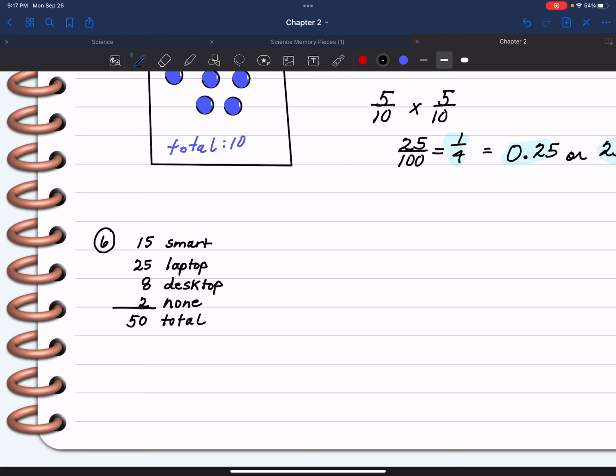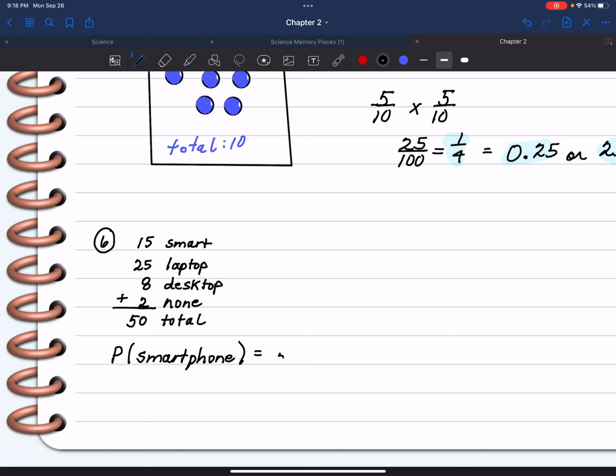What is the probability that a randomly chosen person uses a smartphone as their primary way to access the internet? So we want to know that if we ask a random person on the street, what's the probability that he or she will say a smartphone?